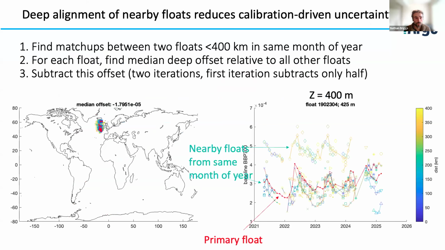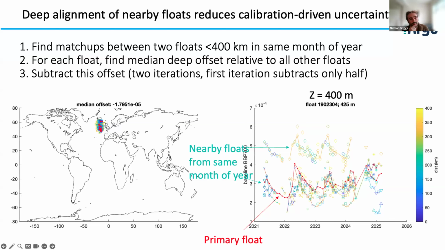So in order to address these issues before calculating this global flux climatology, we first want to align different sensors at depth because there can be calibration differences between backscattering sensors on different floats. This is showing the steps that we took to align sensors at depth before we make our global small particle climatology that forms part of our flux estimate.